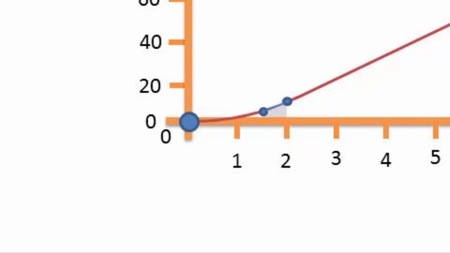We can reduce the time interval even more. Each time we do this, we notice that the gradient of the line becomes more accurately matched with the gradient of the displacement time curve. If we keep reducing the time duration to smaller and smaller intervals, we will eventually reach the limit of instant time, and the gradient at this point then represents the instantaneous velocity.